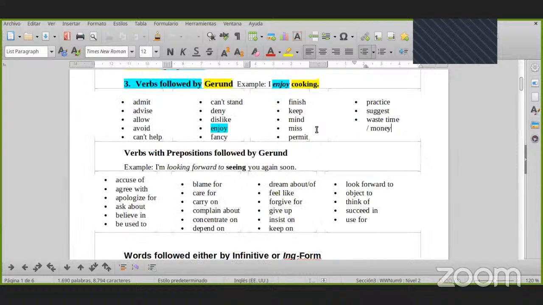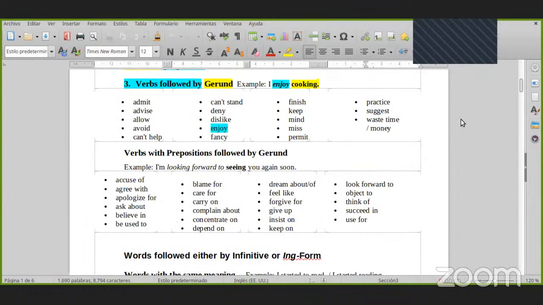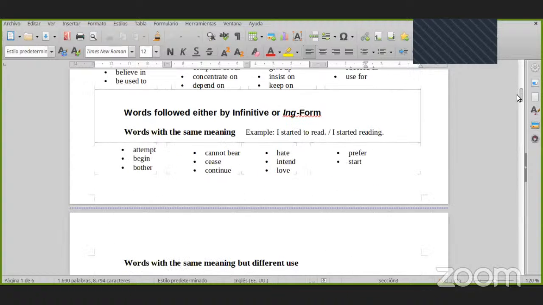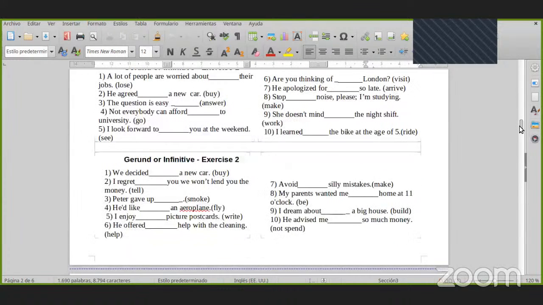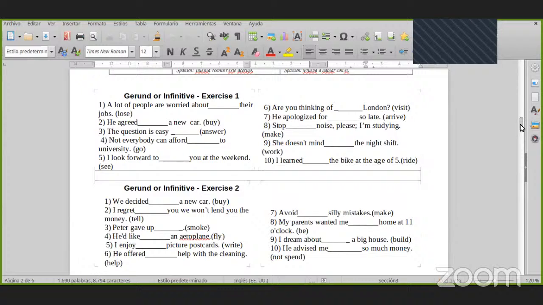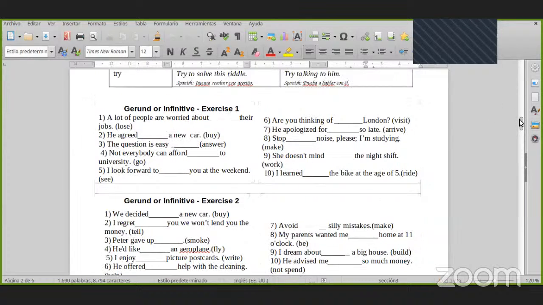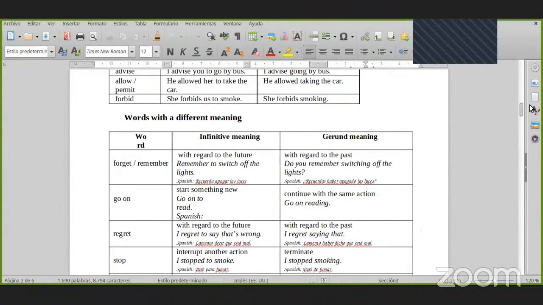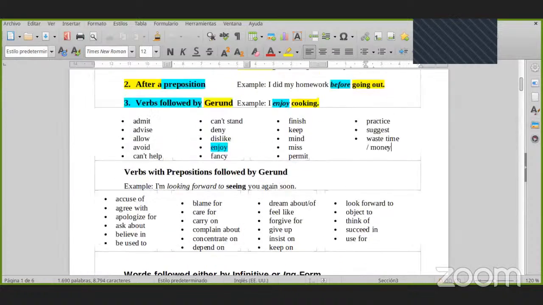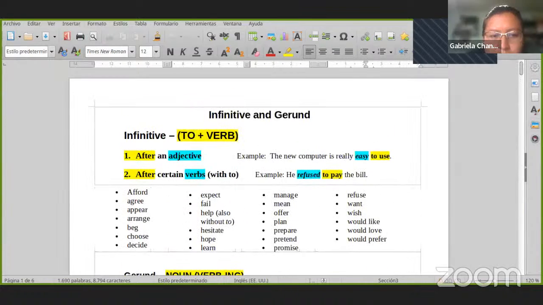But we're not going to see this second part yet, because we have some special rules when we are doing this. So just that, no more. And here you have some exercises in order to practice. If you have some doubts, you can tell me.